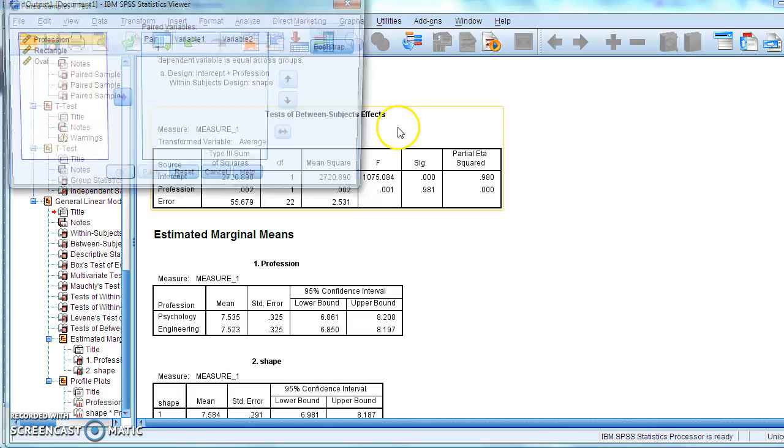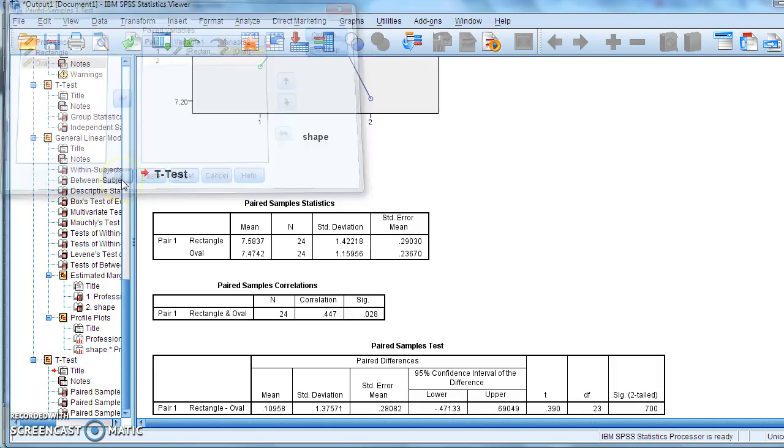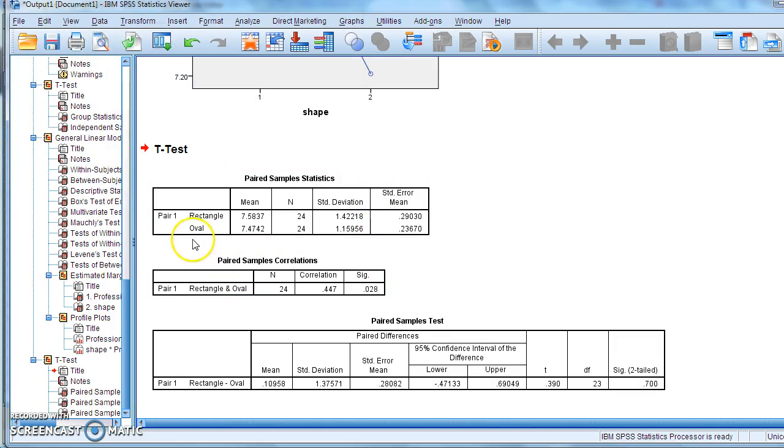We're doing a paired samples t-test, and we simply want to see whether there's an effect of shape. So are rectangles overall, irrespective of condition, better than ovals, or ovals better than rectangles? Ignoring the participants, we find there's no main effect there of rectangles versus ovals.